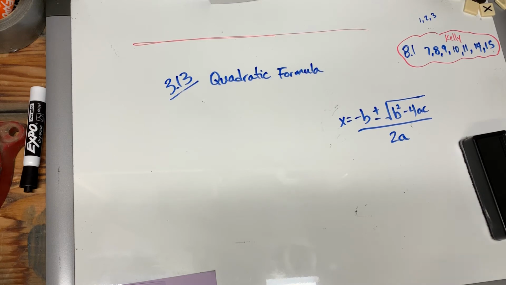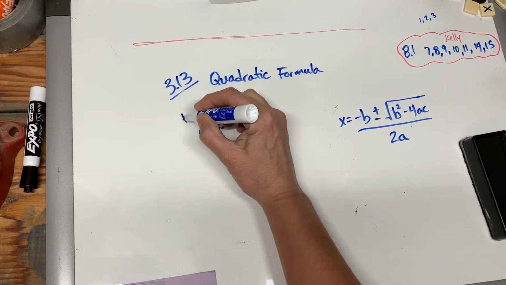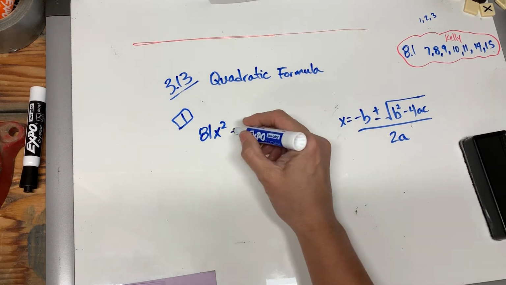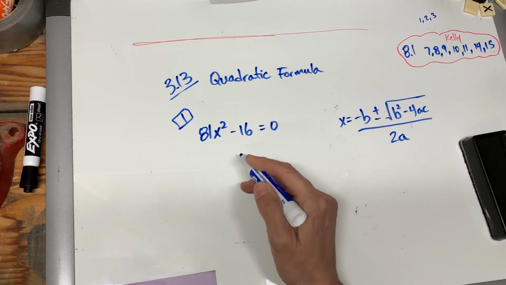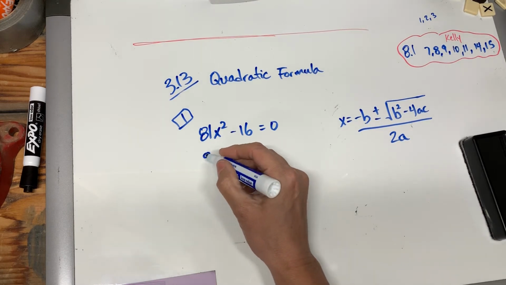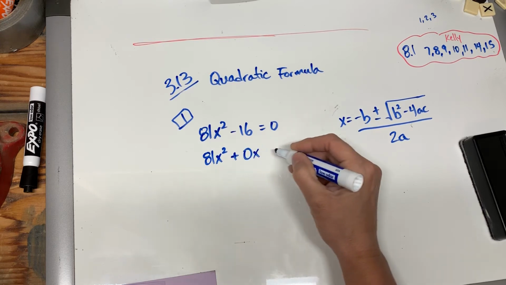So on question number 1, mine says 81x squared minus 16 equals 0. Notice I'm missing the term that just has the x in it. So this would be the equivalent of having a 0x.